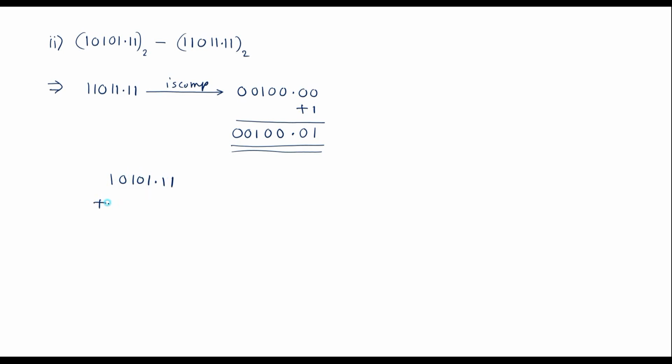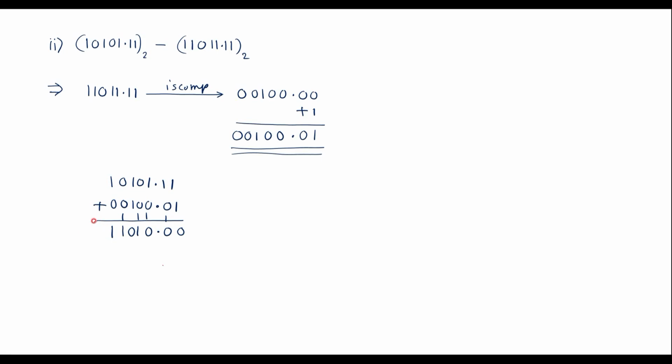Now we are supposed to add this number to this number, that is 10101.11 plus 00100.01. That is 1 plus 1 is 0, carry 1. 1 plus 1 is 0, carry 1. 1 plus 1 is 0, carry 1. 0 plus 0 plus 1 is 1. 1 plus 1 is 0, carry 1. 0 plus 0 plus 1 is 1. 1 plus 0 is 1.